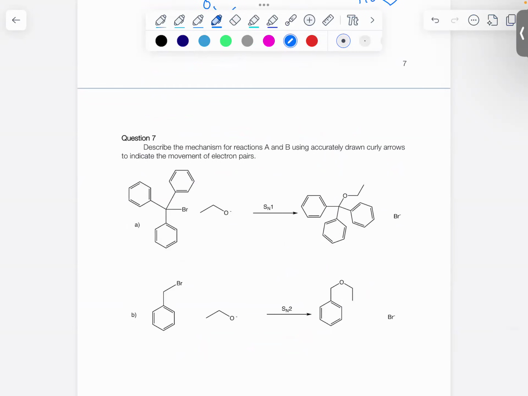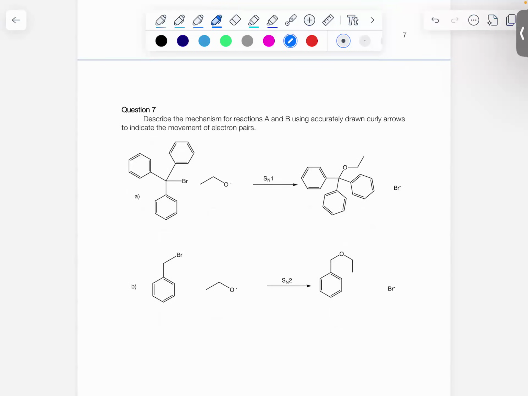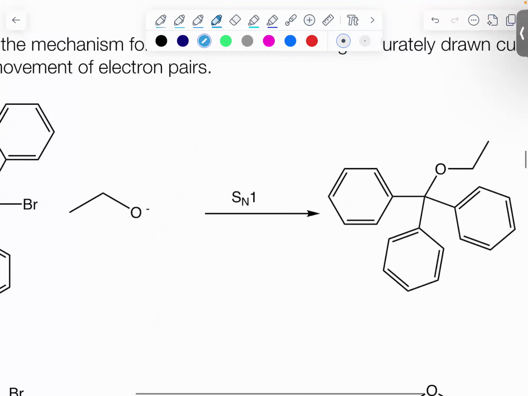So now we can get into some of the mechanistic questions. So for this one, we're comparing the difference between SN1, which, if you'll remember, SN1 is S for substitution, and N for nucleophile, and that 1 is unimolecular.